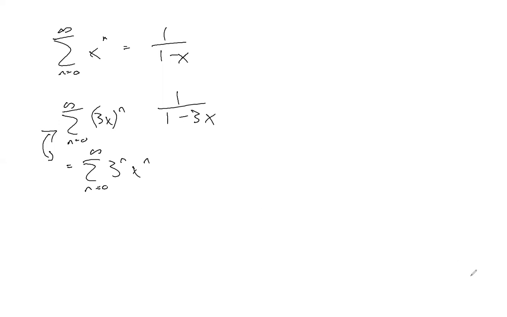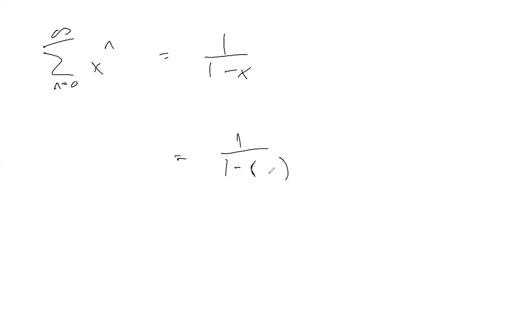So in general, again, working with this familiar power series, whenever I'm trying to make a power series for the function 1 over 1 plus something, I should try and rewrite it as 1 minus something in parentheses.